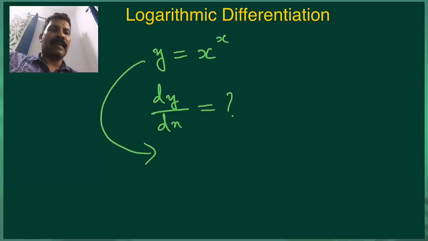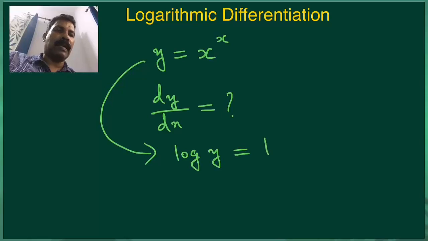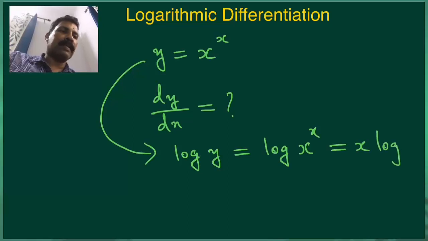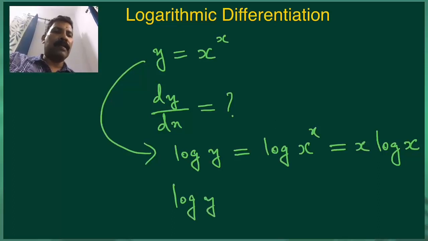First of all, we shall take the logarithm on both sides, that is log y is equal to log x power x, which is nothing but x times log x, as I told you earlier. So we have log y is equal to x log x.